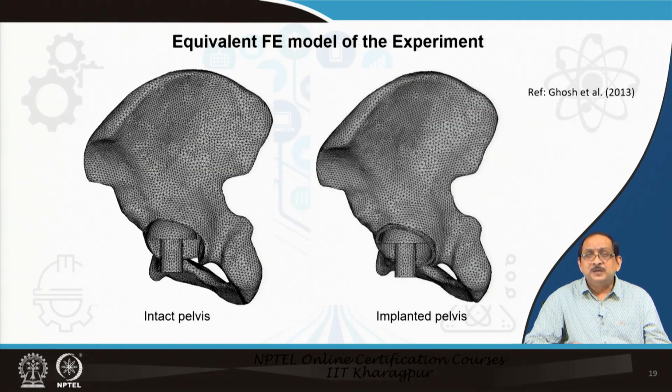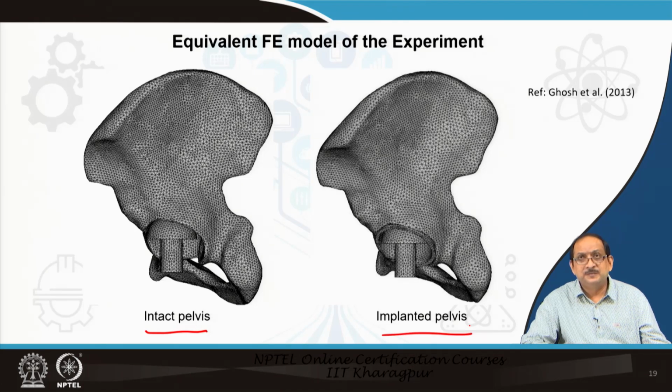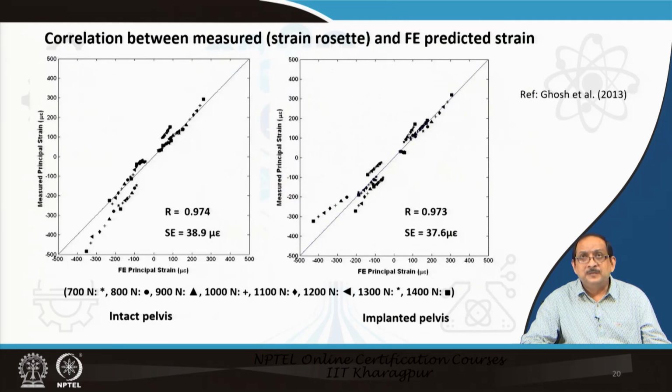The equivalent FE model of the experiment was developed, as you can see here, and is presented in this slide for the intact pelvis and the implanted pelvis. Let us come to the results, that is the correlation between the measured strain and the FE predicted strain.